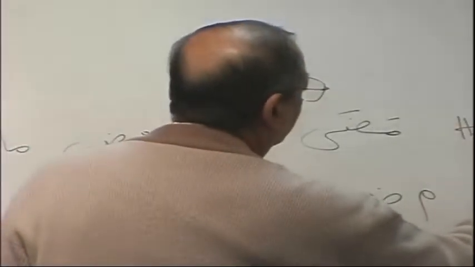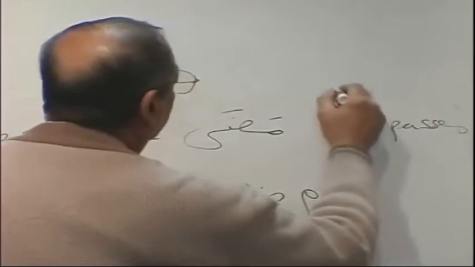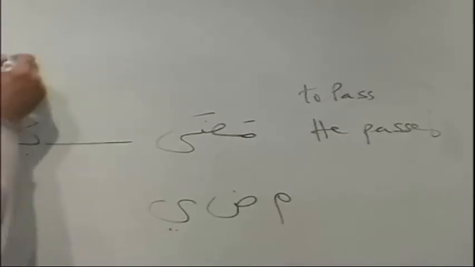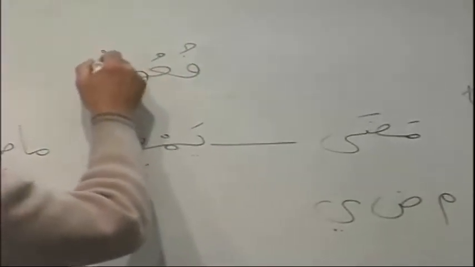He passed. Or to pass. Brother? Now you have to make a masdar from mada on the pattern of fu'ulun. Keep this in mind. Fu'ulun. Are you with me, brothers and sisters? Fu'ulun.